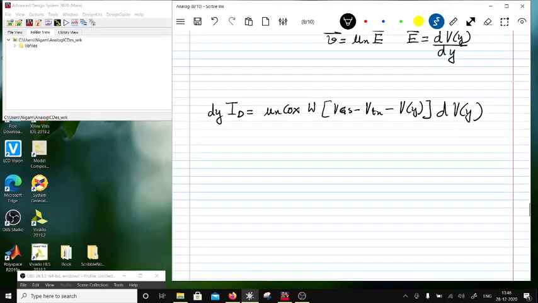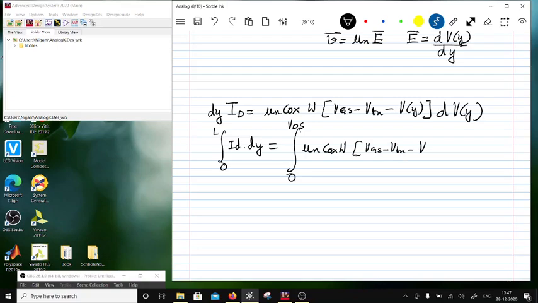Now if I integrate this from 0 to L, Id times dy is going to be the integration from 0 to VDS of mu n Cox W (VGS minus VTn minus Vy) times dVy.